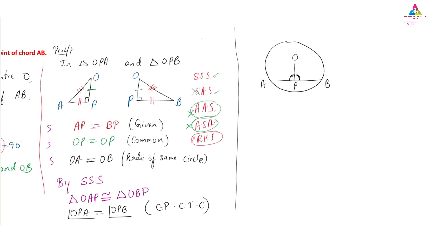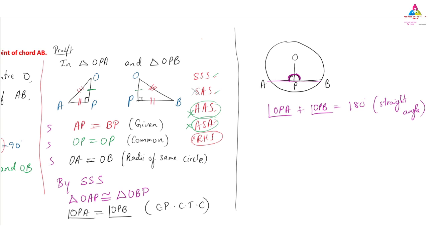So we will take angle OPA plus angle OPB. If we add together, we get the total angle. This angle plus this angle will become a straight angle, that is APB. APB is a straight angle, equal to 180 degrees, or we can call it a linear pair because two angles make a straight line.